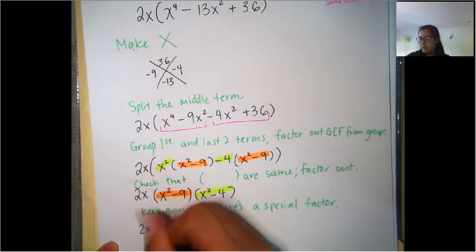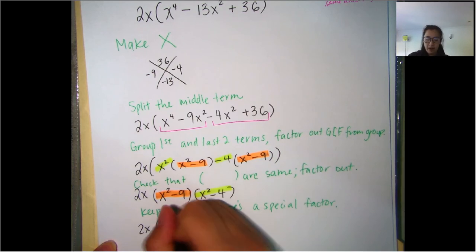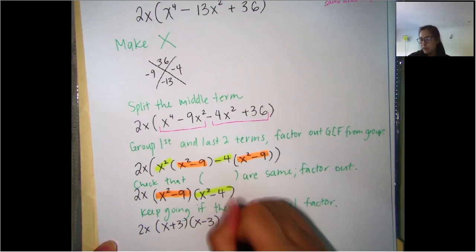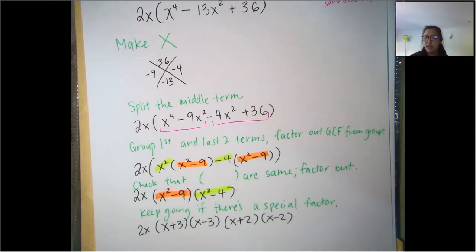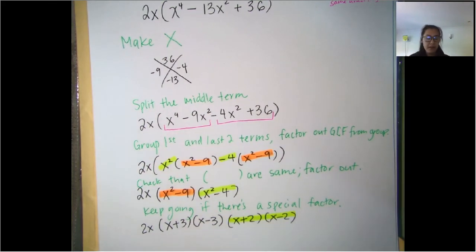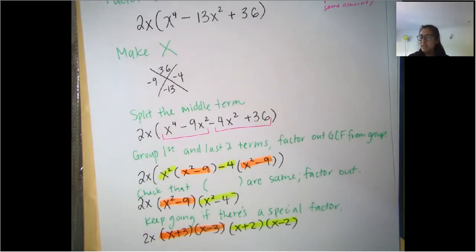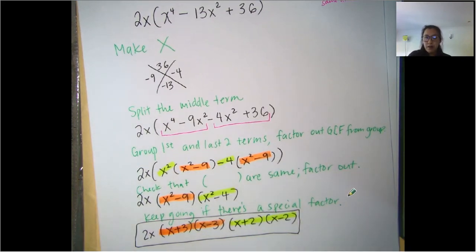So the 2x is still on the outside, times x squared minus 9, which is factored into x plus 3 times x minus 3. And then x squared minus 4 factors into x plus 2 times x minus 2, because again, this is a difference of squares. And there you have it. This is the factored form of our original expression, 2x to the 5th minus 26x cubed plus 72x. If you want to check to make sure that this is right, you can multiply it out and make sure that it multiplies to what we started with. All right, happy day.